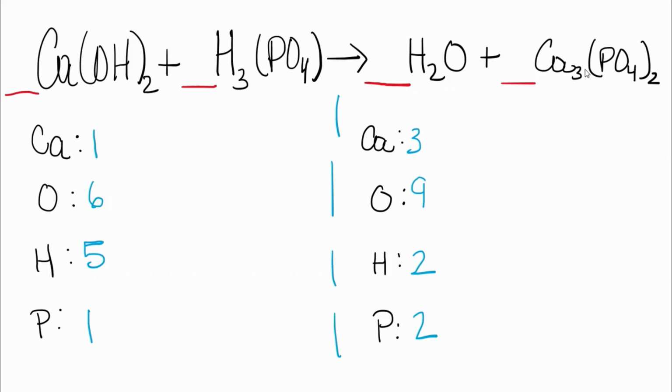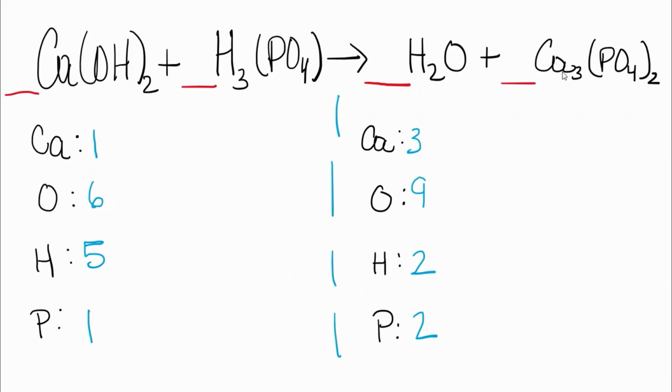So calcium and phosphorus on that side are connected, whereas on the reactant side, they are both independent of each other. So for me, I would try to balance calcium and phosphorus first on the reactant side, and then try to balance oxygen and hydrogen through the water on the product side.